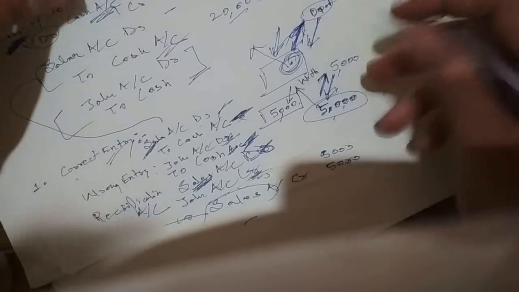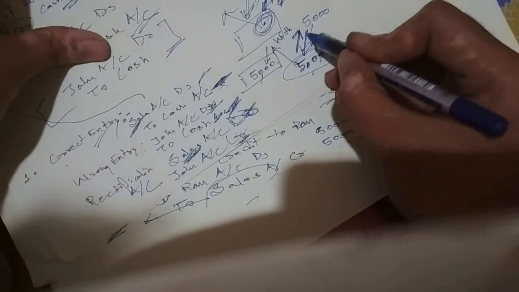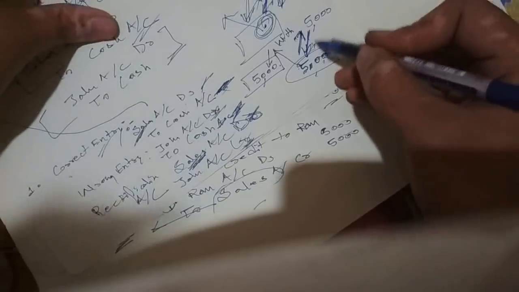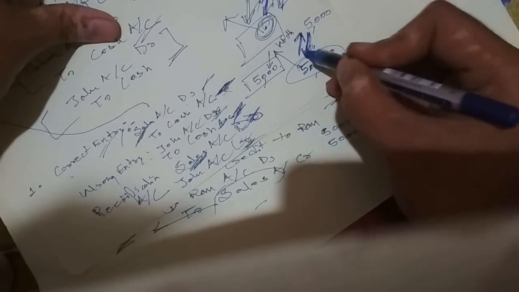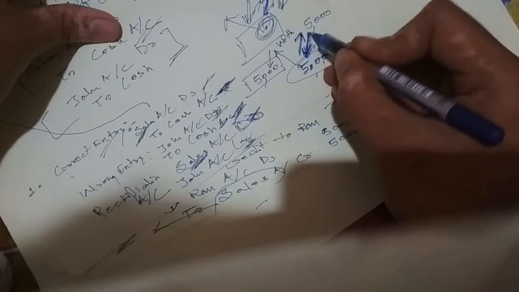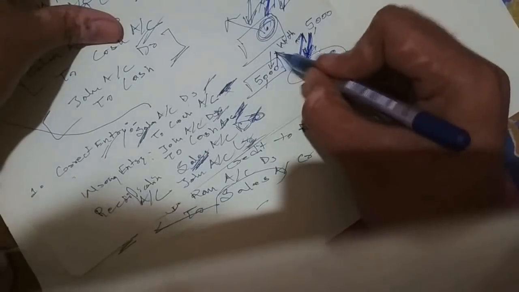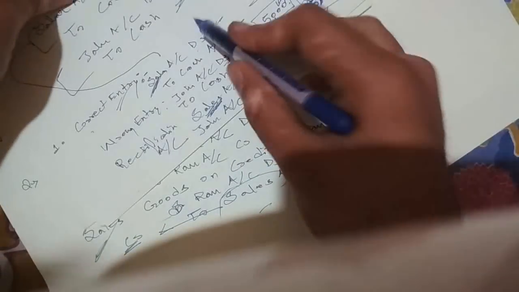So I think you have understood. We have to nullify the transaction, that is, we have to withdraw this 5,000, and again withdraw this 5,000. So this is what we are doing here by writing those things.